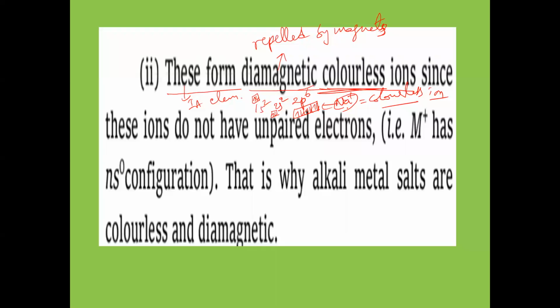So in Na plus, all electrons are paired. A substance will be diamagnetic if it has all paired electrons. If all electrons are paired, it will show diamagnetic behavior. So the Na plus ion has all paired electrons, with no unpaired electron in the electronic configuration of the sodium ion.